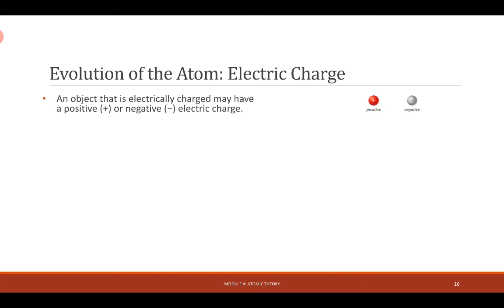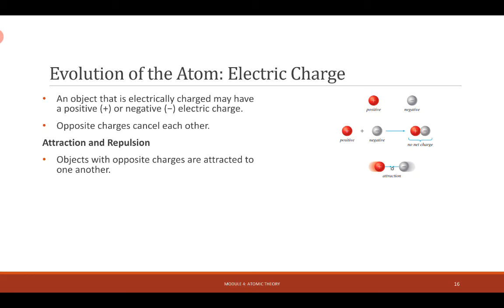Scientists already knew that there are positive charges and there are negative charges that just exist. They know that opposite charges attract one another, and that if you take a positive thing and put it with a negative thing, then overall it becomes neutral with no net charge. So opposite charges cancel each other out.